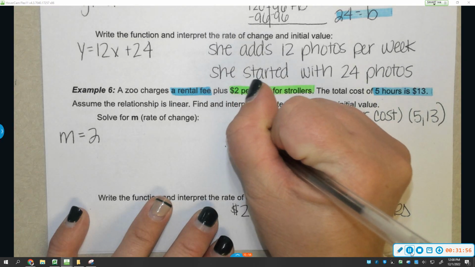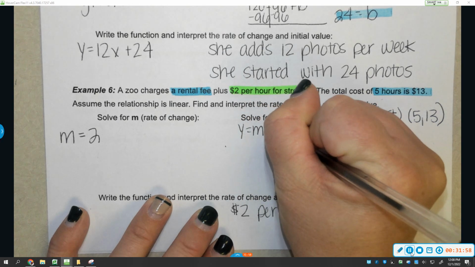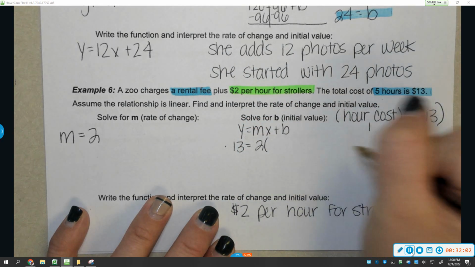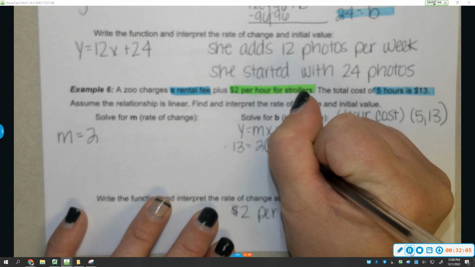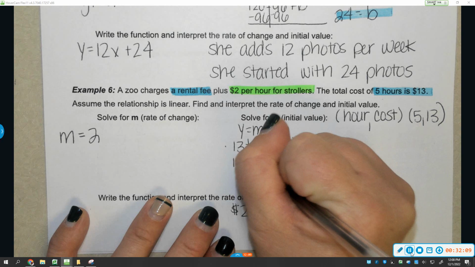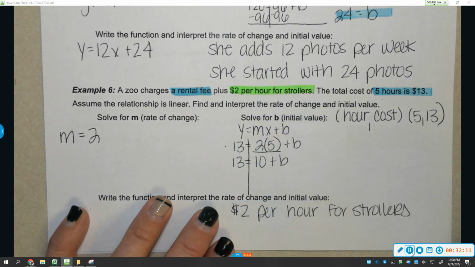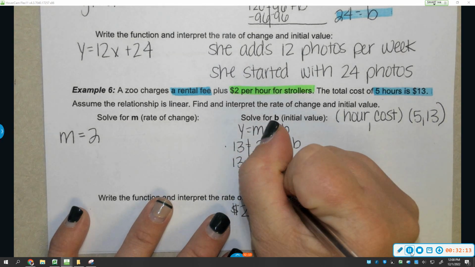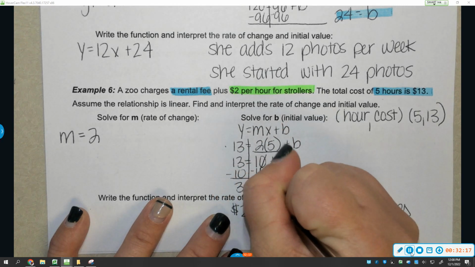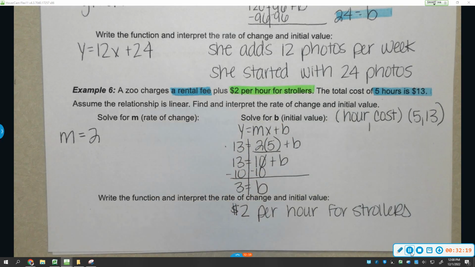All right, so I use y equals mx plus b, where y is 13, m is 2, and x is 5, to solve for b. Simplify by multiplying: 10 plus b equals 13. Subtract 10 from each side, and I have 3 equals b.